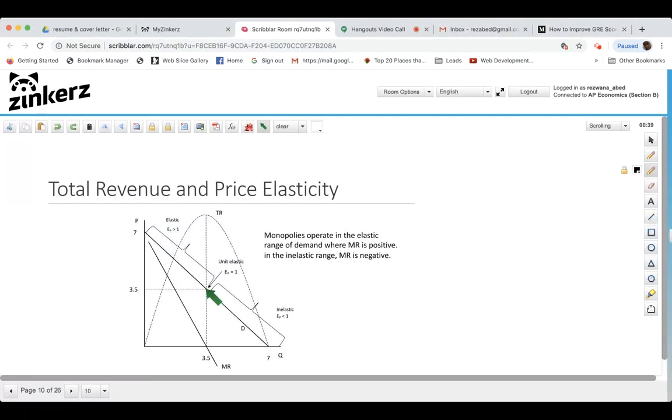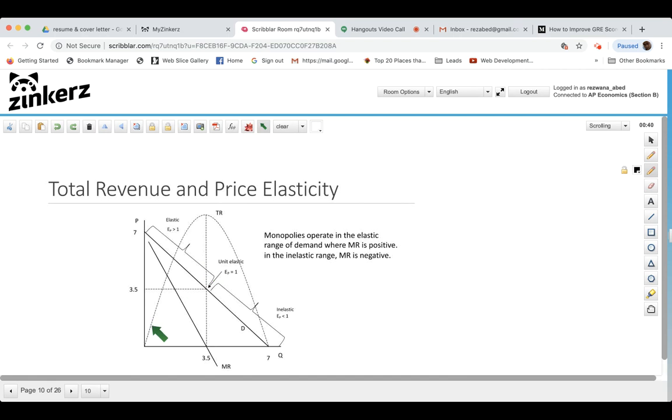In the middle, at the midpoint, that's where we saw that it was unit elastic. And from the midpoint until you reach the horizontal axis, it is inelastic, right?